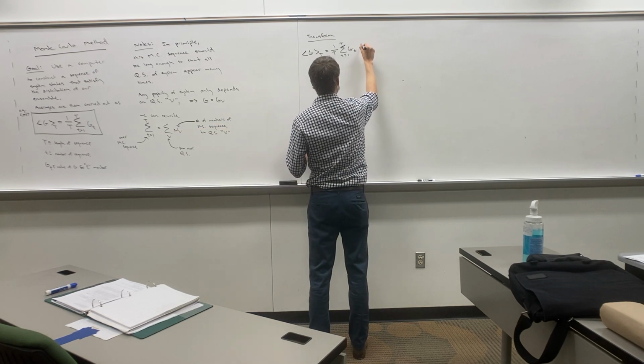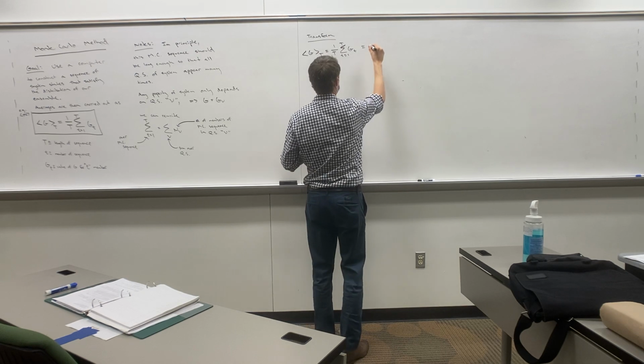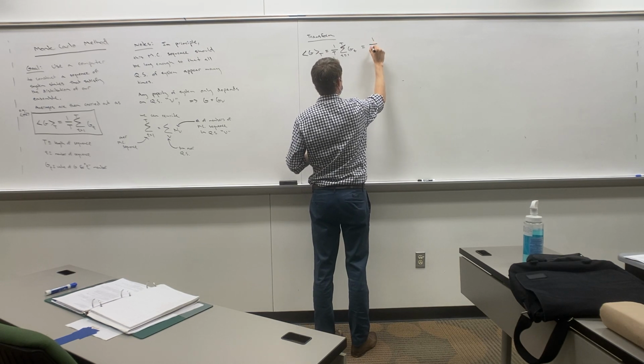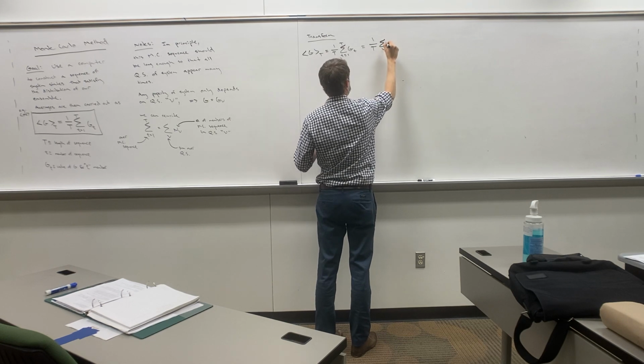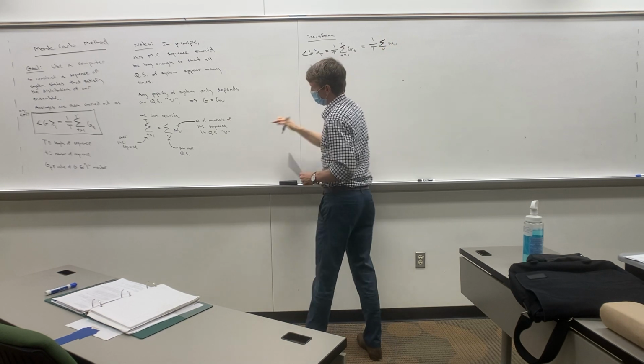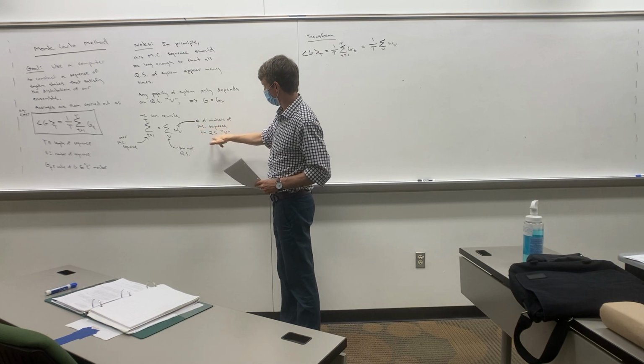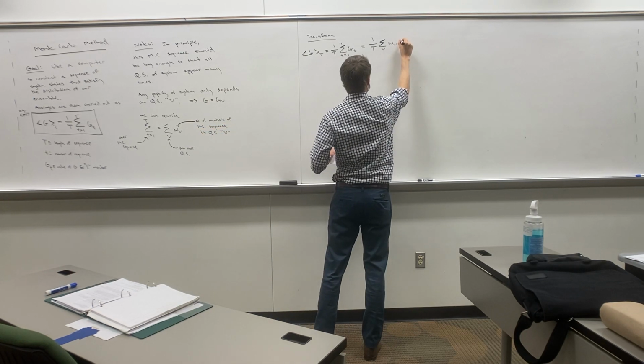So this equals 1 over T, sum over nu, n nu, the number of members of the Monte Carlo sequence in quantum state nu, times G nu.